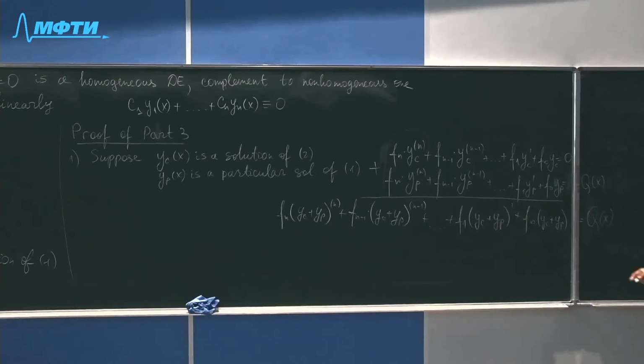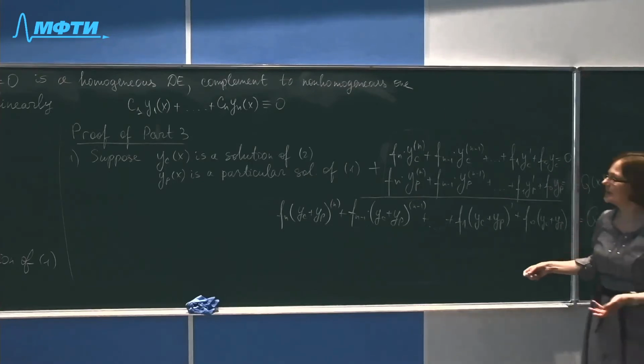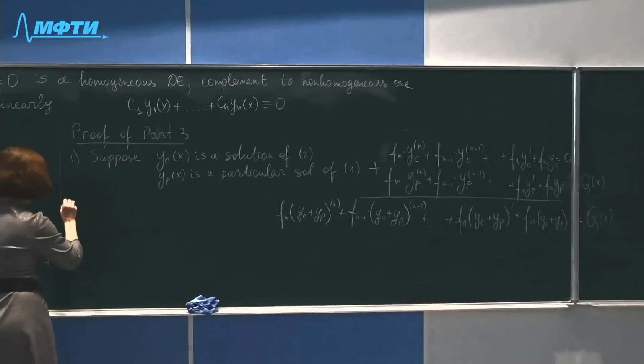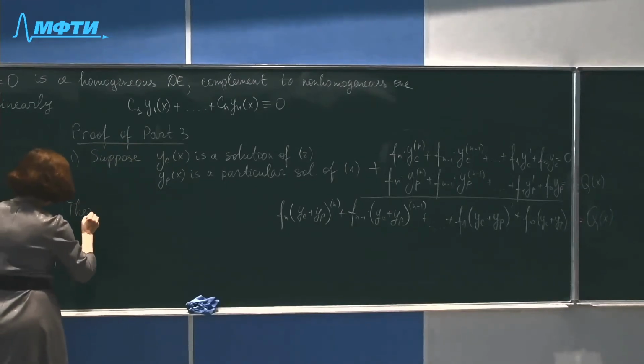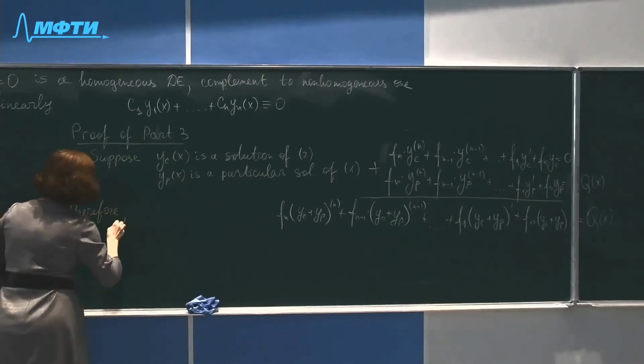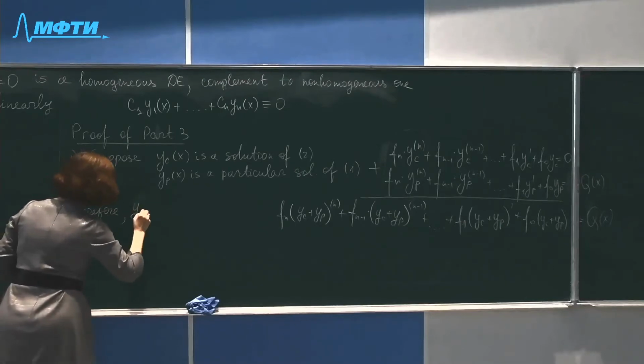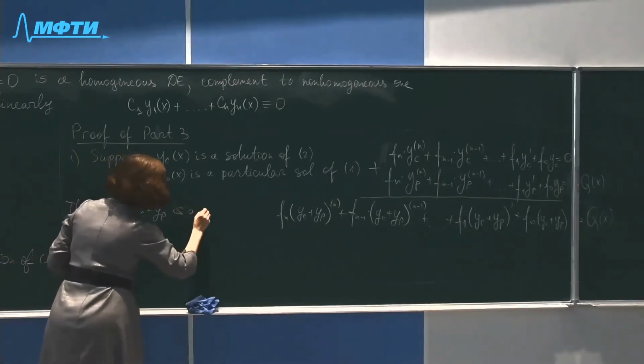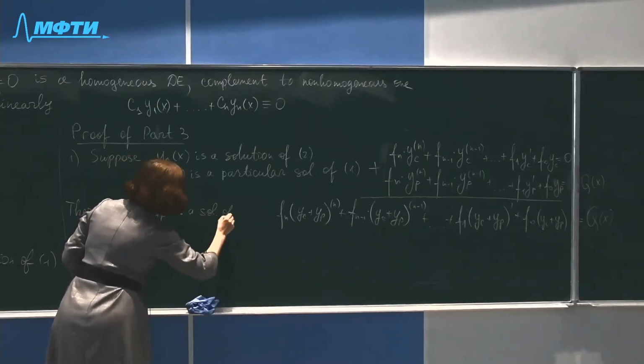So this means that the sum of these two solutions will satisfy the original equation, right? And so therefore, yc plus yp is a solution of 1.